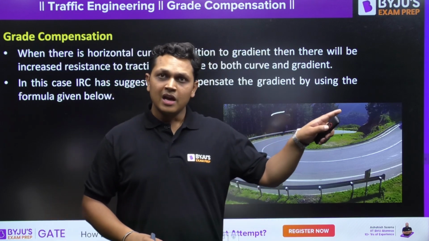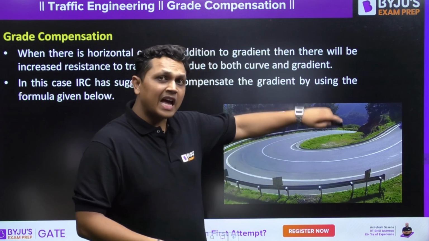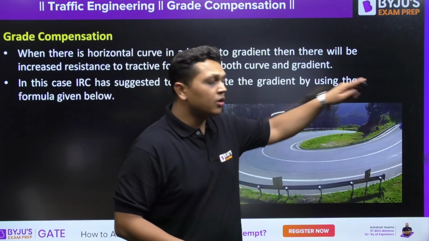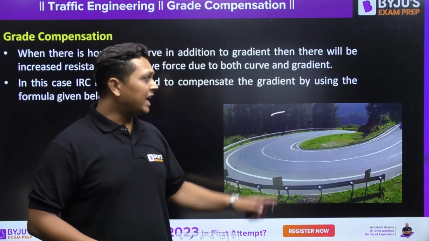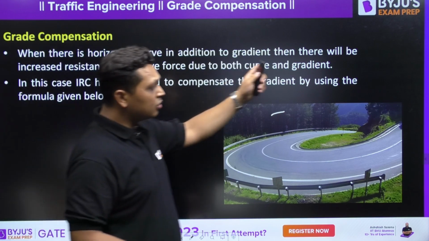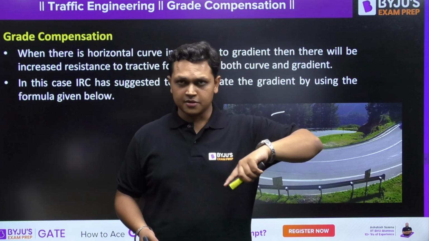Hence, it becomes essential to reduce the gradient at a horizontal curve so that a vehicle is able to maneuver easily. That is why the concept of grade compensation comes up, in order to reduce the gradient at horizontal curves and reduce the curve resistance.